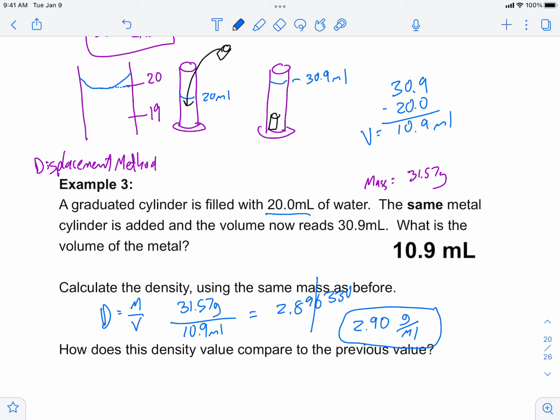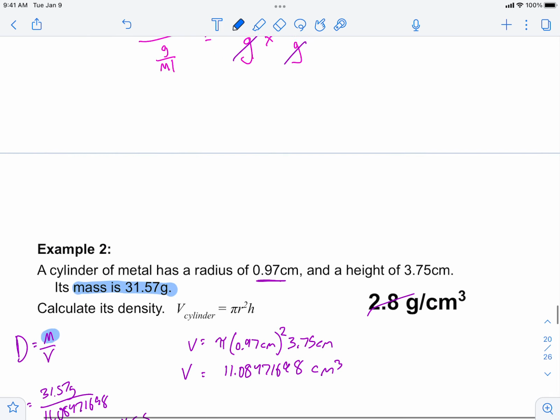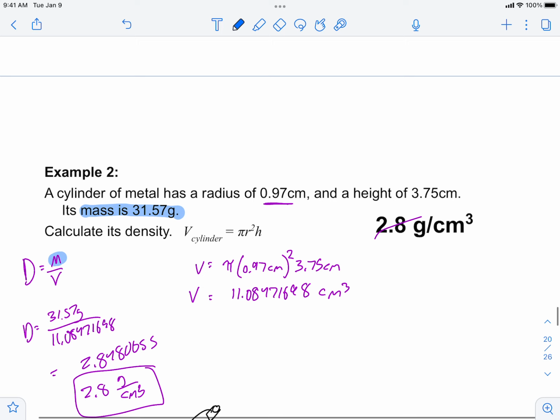So real quick, let's take a glance back at the one we did prior to this. Our density this way was 2.8. And how did we arrive at the volume using this method? We calculated it. We took length measurements, plugged them into a formula, and then calculated. But look what happened. Because we were measuring with a ruler, we were only able to get 2 sig figs out of the radius.